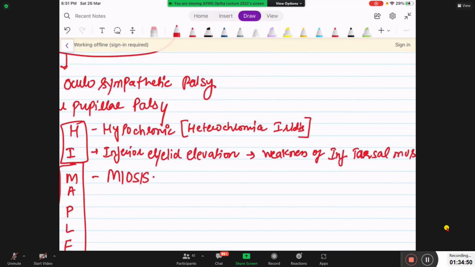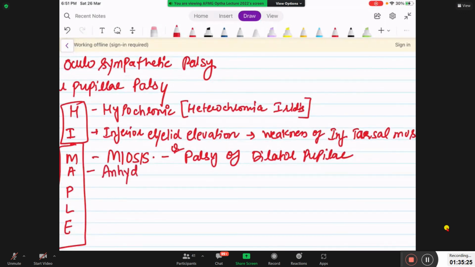So in High COPS, H stands for Horner syndrome. Here in Horner syndrome, you will get meiosis. A question which is asked: write down, meiosis is seen because of palsy of dilator pupillae muscle. S stands for anhidrosis.